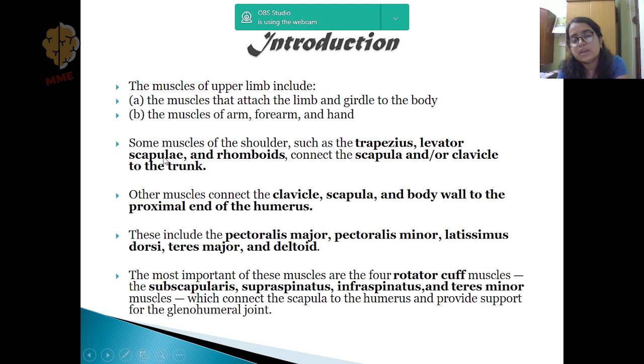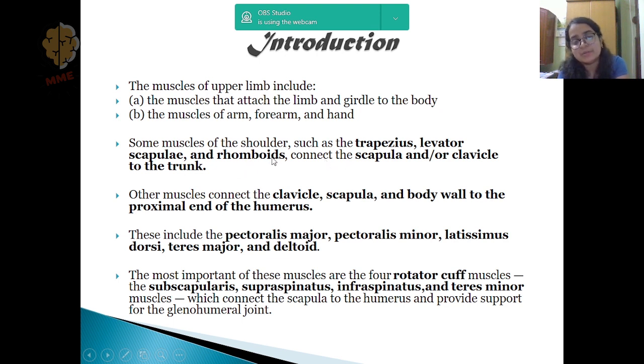Levator scapulae is inserted into the medial border of the scapula to the dorsal aspect. Rhomboids also, the rhomboideus minor and the rhomboideus major, get inserted onto the medial border of the scapula, onto the posterior aspect of the dorsal surface of the scapula, if you can say.